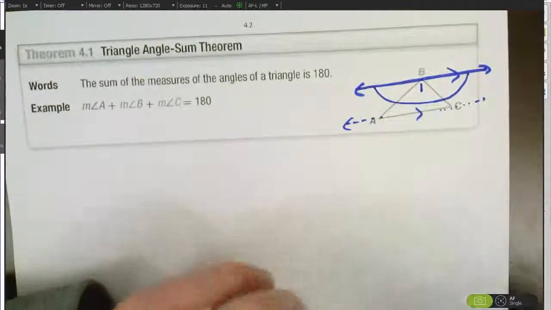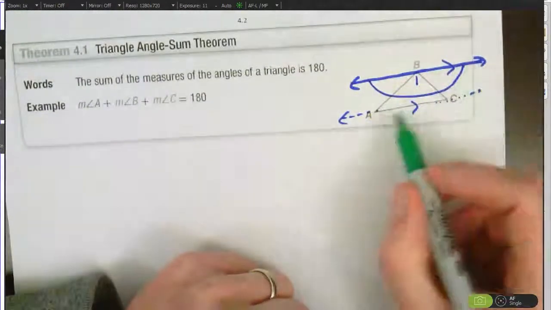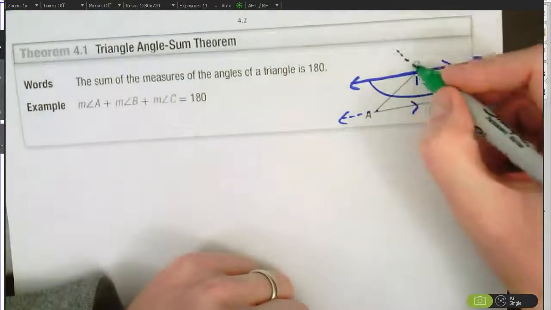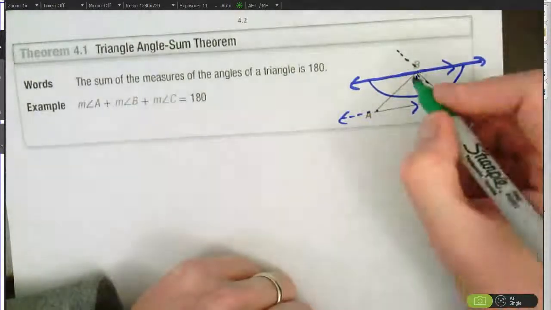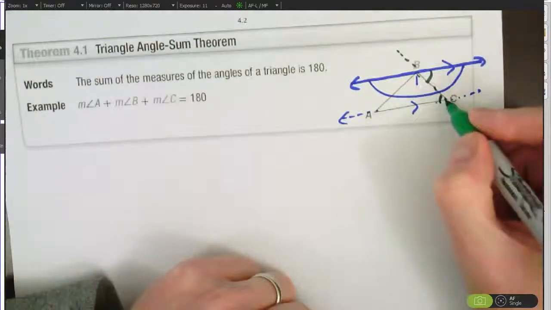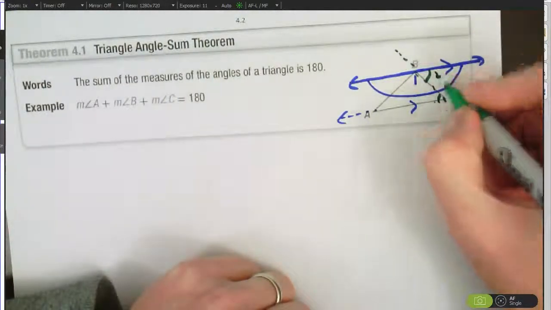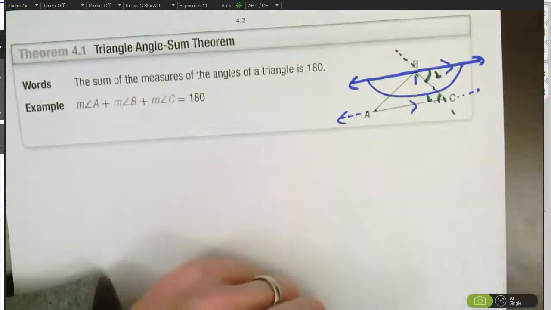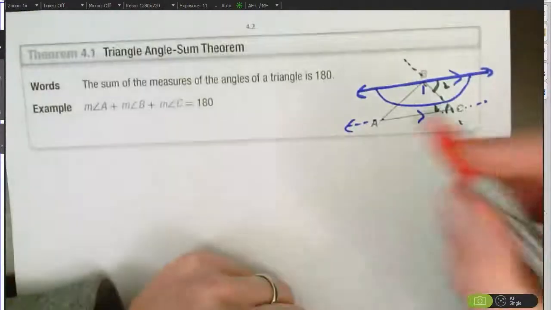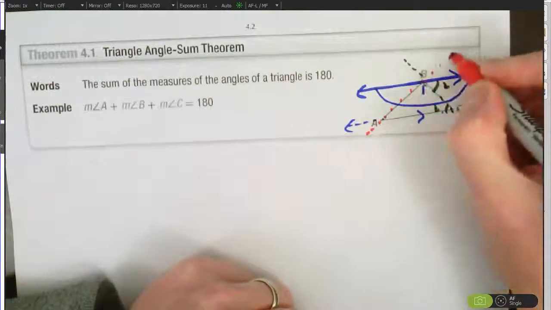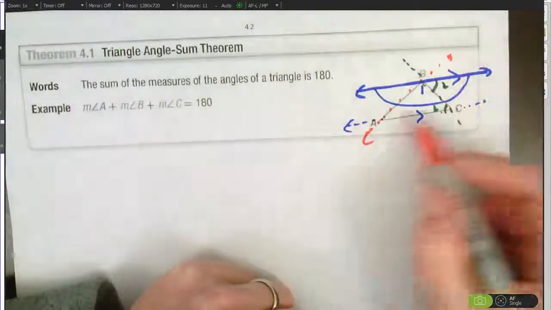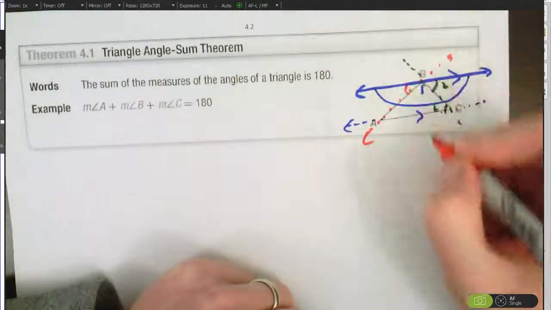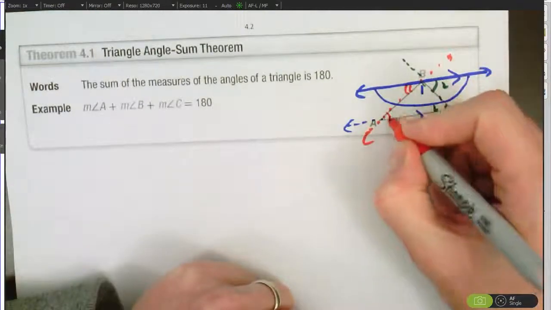Now, what I also know is, parallel line, transversal, this angle is congruent to this angle. So let's call that angle 2. And then I also know, again, transversal, parallel line, here's a pair of alternate interior angles that are congruent.